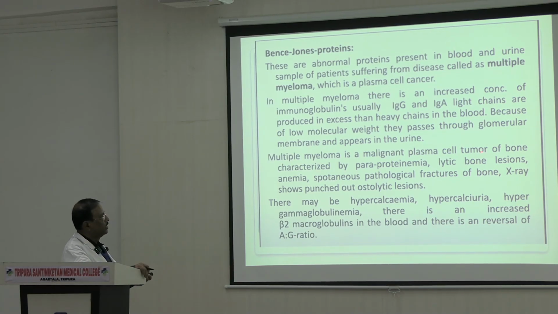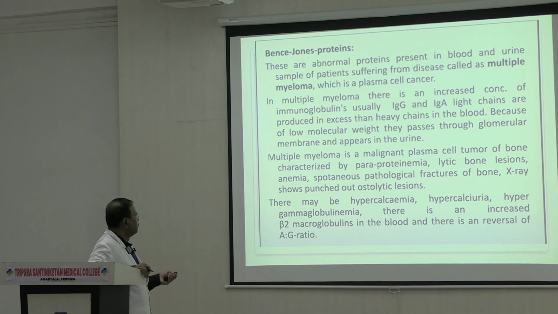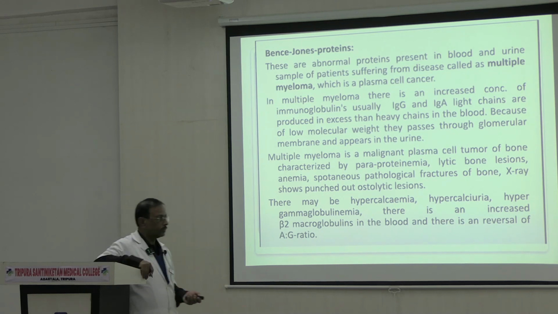Multiple myeloma is a malignant plasma cell tumor of bone characterized by paraproteinemia, lytic bone lesions, anemia, and spontaneous pathological fracture of the bone. X-ray shows punched out osteolytic lesions.